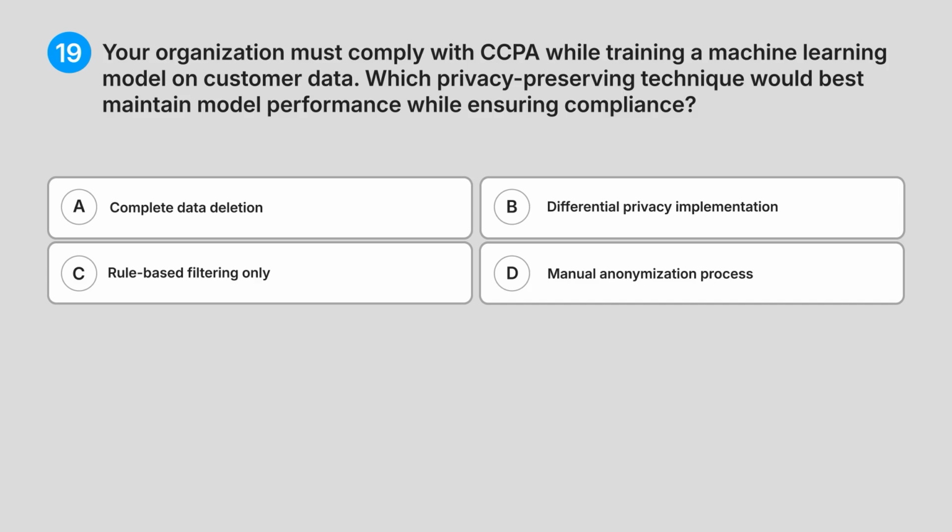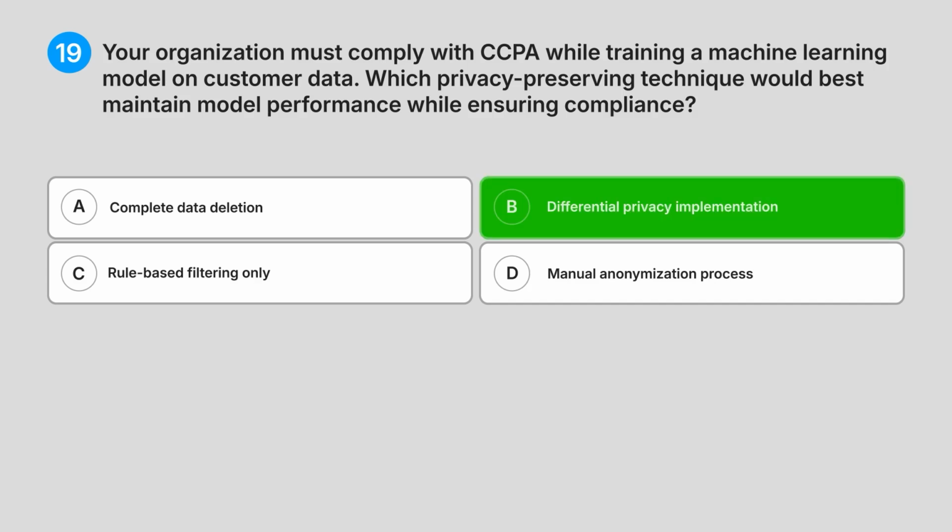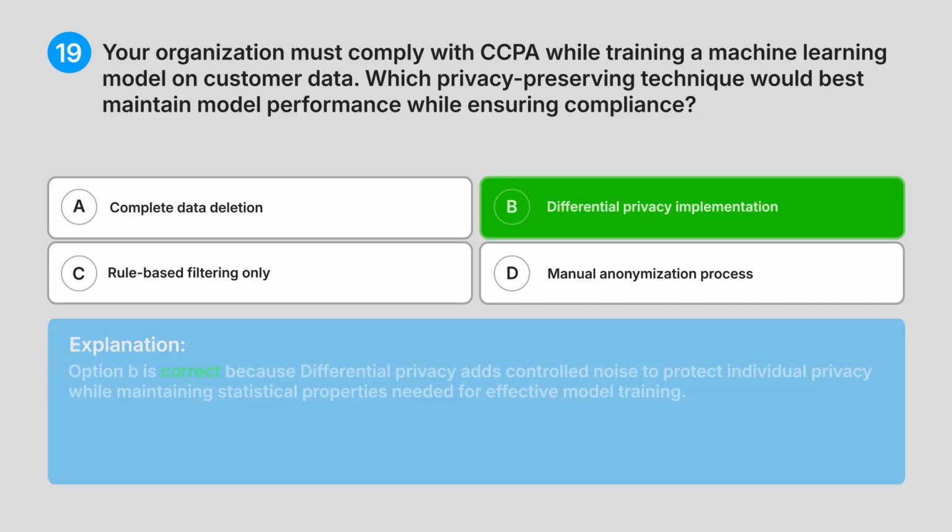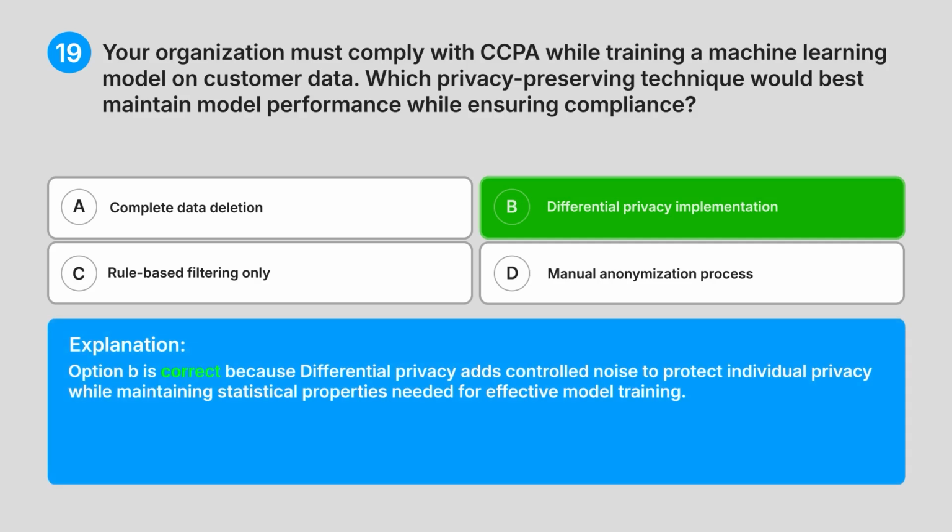Correct answer, B. Differential privacy implementation. Explanation. Option B is correct because differential privacy adds controlled noise to protect individual privacy while maintaining statistical properties needed for effective model training.